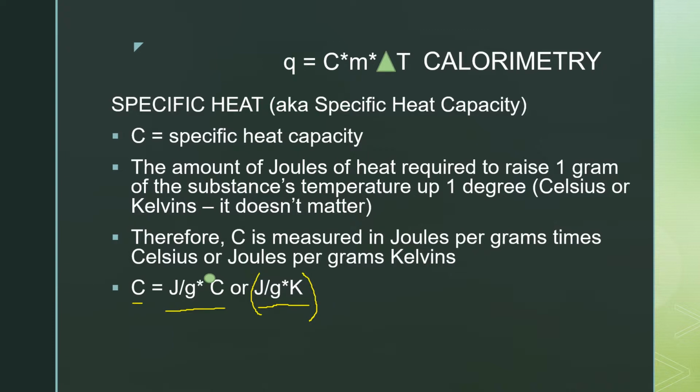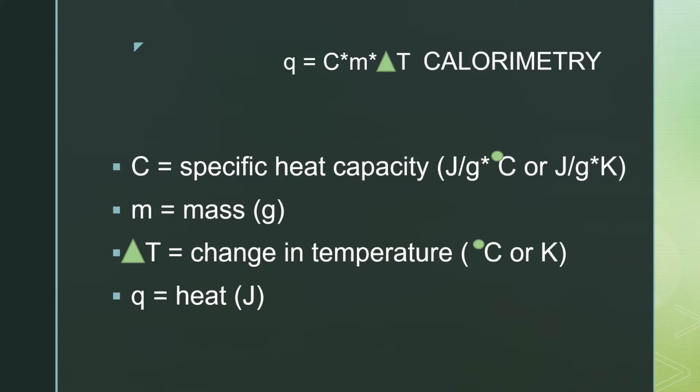So the specific heat capacity, again, is this capital C. And it's the same capital C up here at the top of the page in the formula, Q equals Cm delta T. So as we just said, the capital C is specific heat capacity in joules per grams times Celsius, or joules per grams times Kelvin. The m in the calorimetry formula is just mass in grams.